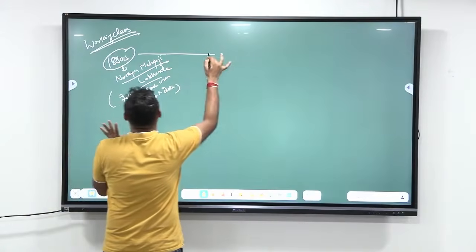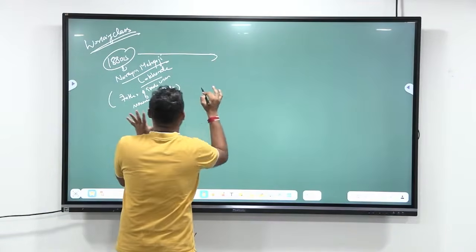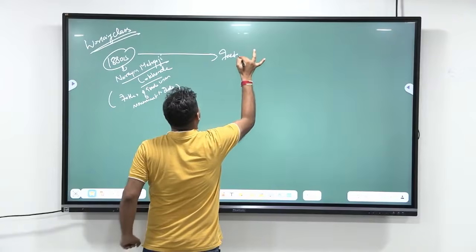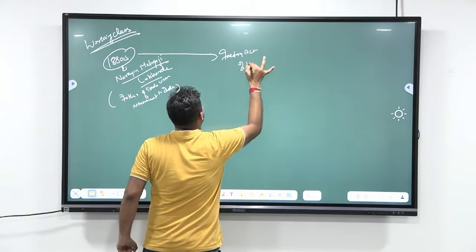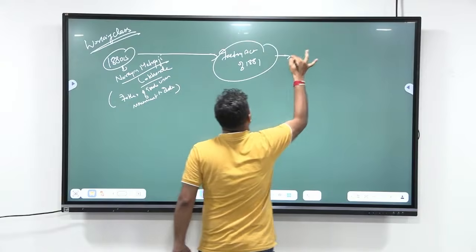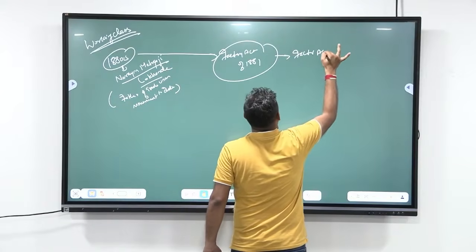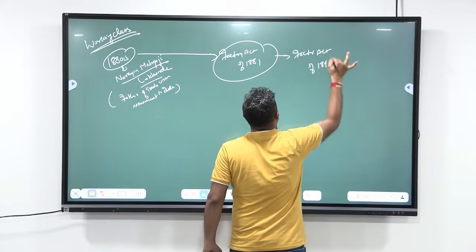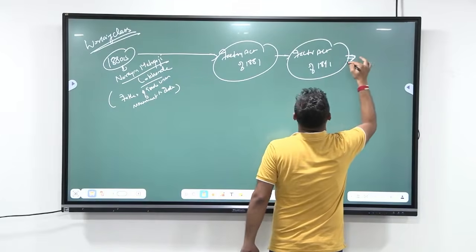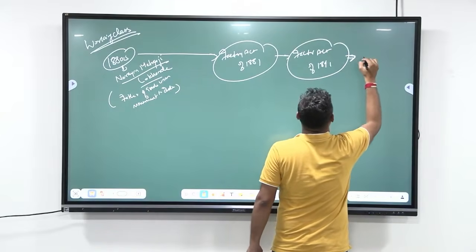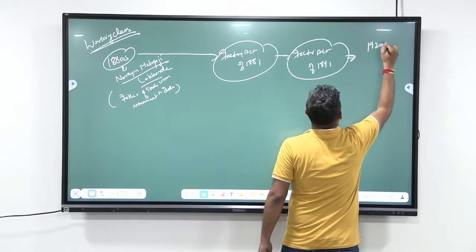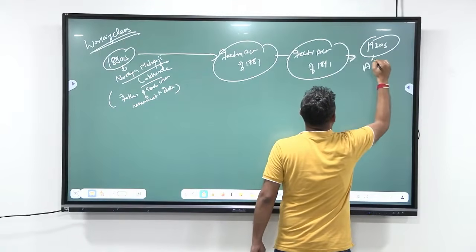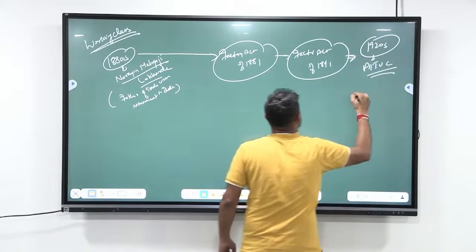But let us look at this. 1880s, you have Narayan Meghaji Lokhande. Then you have the Factory Act of 1881. Then you have the Factory Act of 1891. Then after this Factory Act of 1891, you have in 1920s the formation of All India Trade Union Congress.